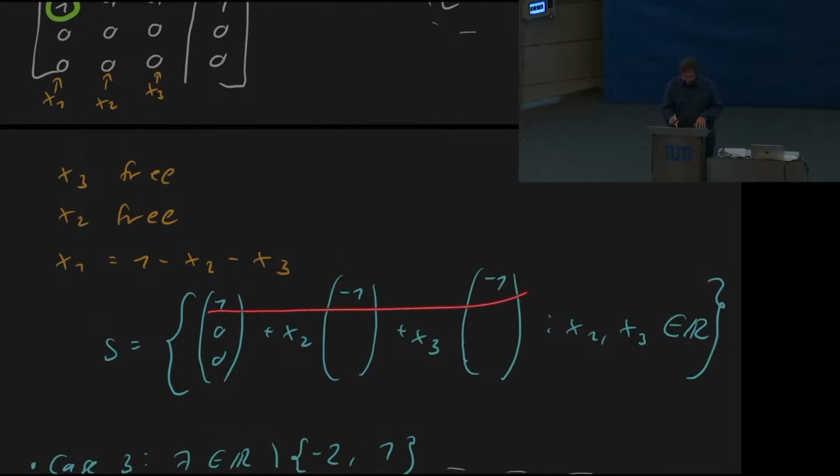All right, so that is just this expression here. x2 is always x2. So we just get a 1 here and a 0 here. And x3 is just x3, so we get a 1 here and a 0 here. Right? And they don't have any constant parts, so 0's in here. And we get a possible solution for each choice of x2 and x3. So this is our solution set.